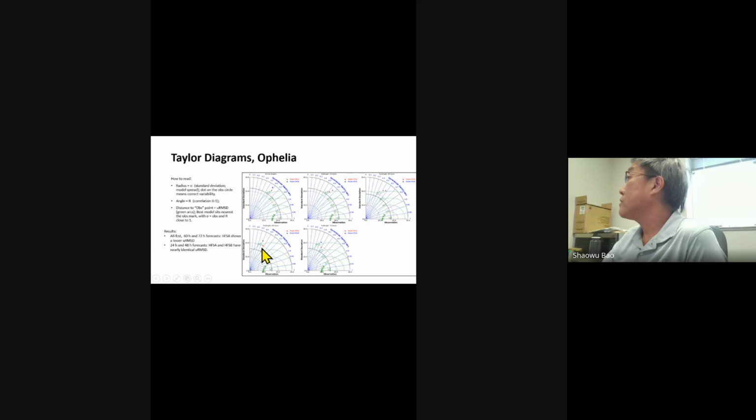But for 60 hours and 72 hours, again HAFS A shows a much better result, closer to the observation than HAFS B. There is a range of forecast time when HAFS A and HAFS B are very similar, mixed.